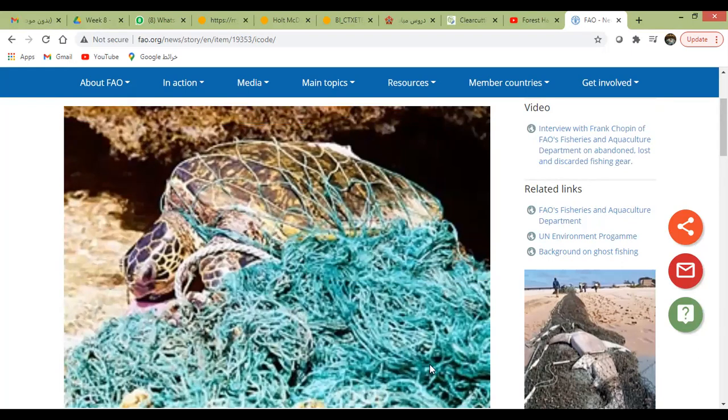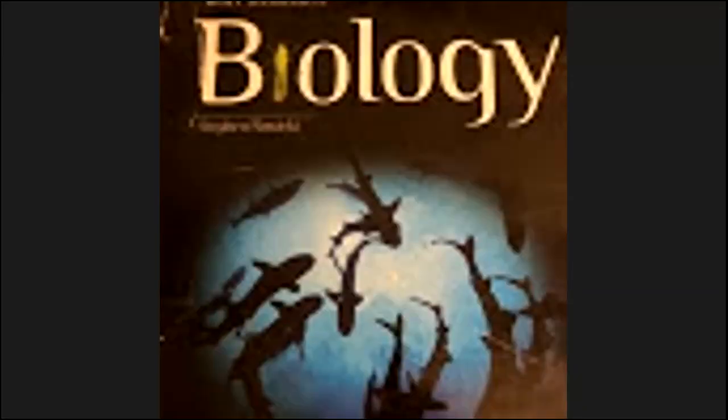This practice will harm the floors of the ocean. The fishing gear used to catch fish can damage the sea floor and can also catch other species that I don't need. Like here, you saw the turtle caught by this gear.